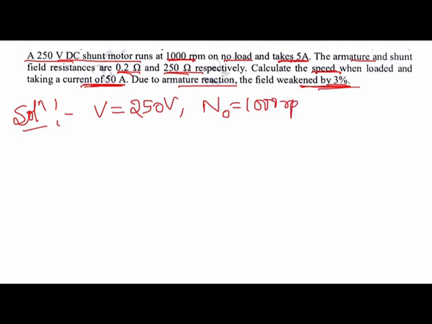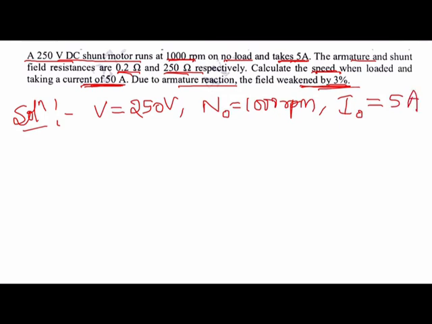So we will see the solution with all the data given. Here voltage is given, that is 250 volt. No load speed, let me consider that as N0, it is 1000 rpm. And no load current, let me take it as I0, it is 5 amps.